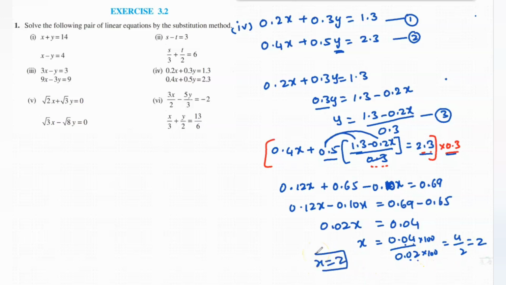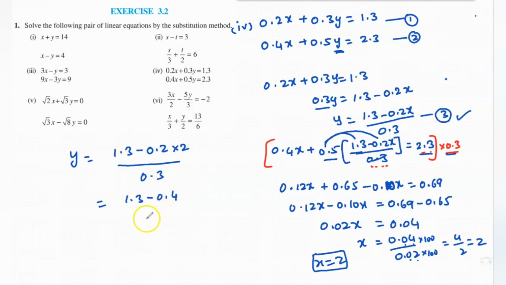So substituting this x is equal to 2 in equation 3, we will get the y value. Now I'll write this side. y is equal to 1.3 minus 0.2 into x, x is 2 here, by 0.3. Let us write this as 1.3 minus 0.2 into 2, which is 0.4, by 0.3. 1.3 minus 0.4 gives you 0.9, so 0.9 by 0.3.